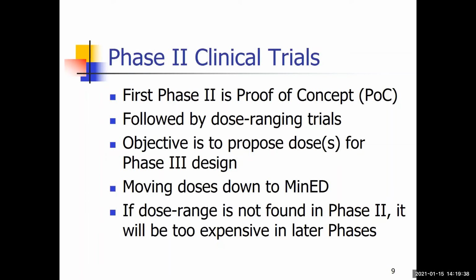So let's think about it. The objective is to make a go, no-go decision. If a low dose compared to placebo, the test drug doesn't work, are you comfortable to make a no-go decision? No, you're not.